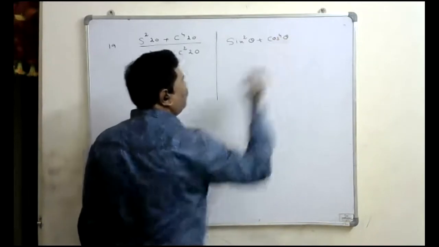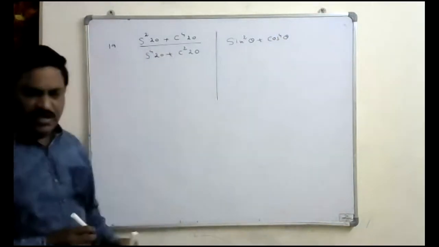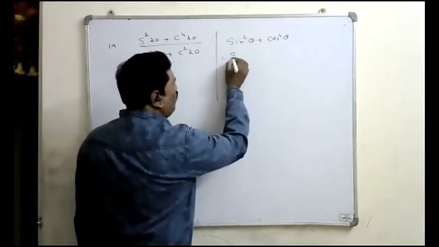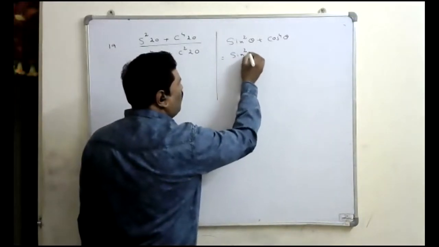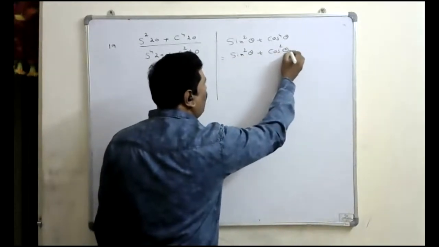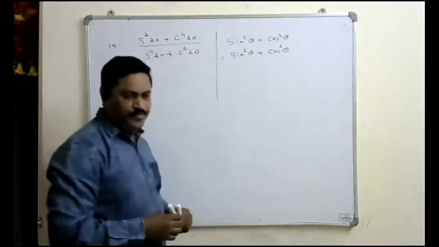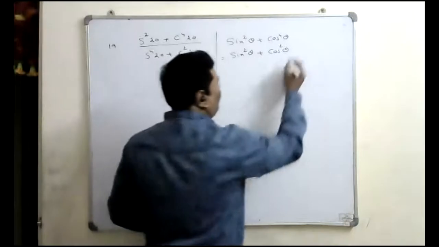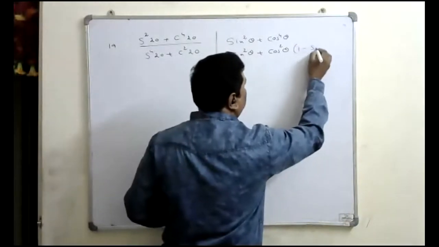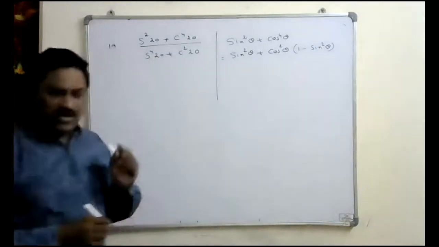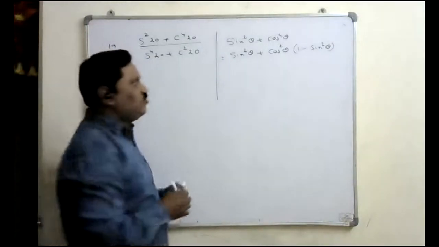Here cos power 4 theta we will write as cos square theta into cos square theta, and one cos square theta is written as 1 minus sin square theta.